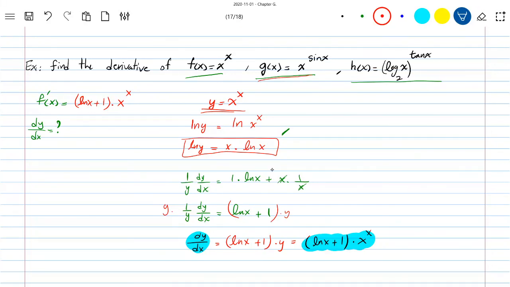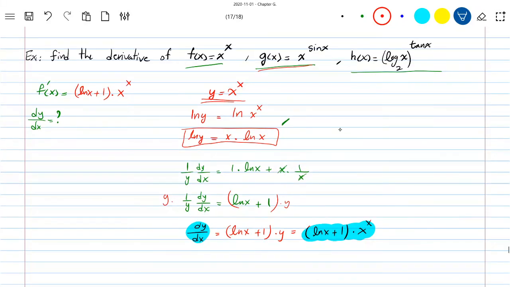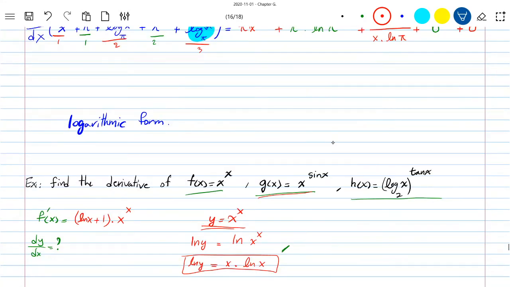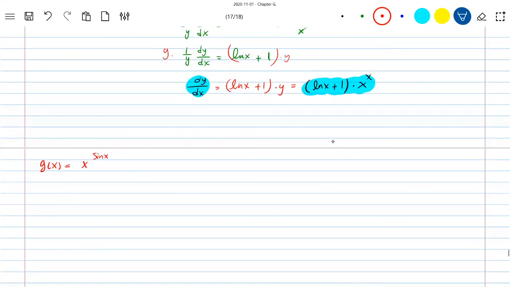If you look at the second example, g of x equals x to the power sine x, you can implement the same idea. Let me write g of x here as x to the power sine x. So what do we do?